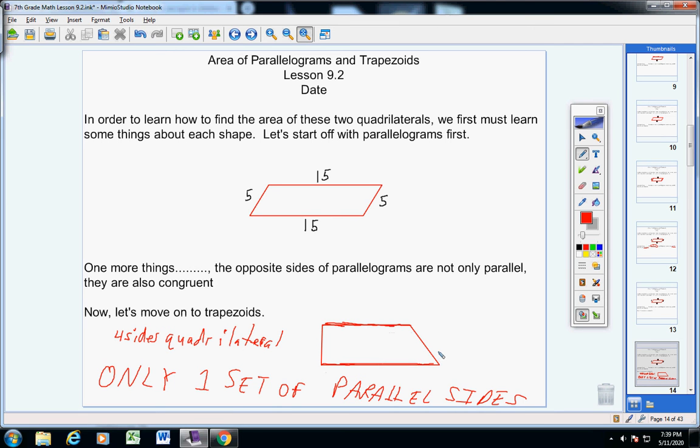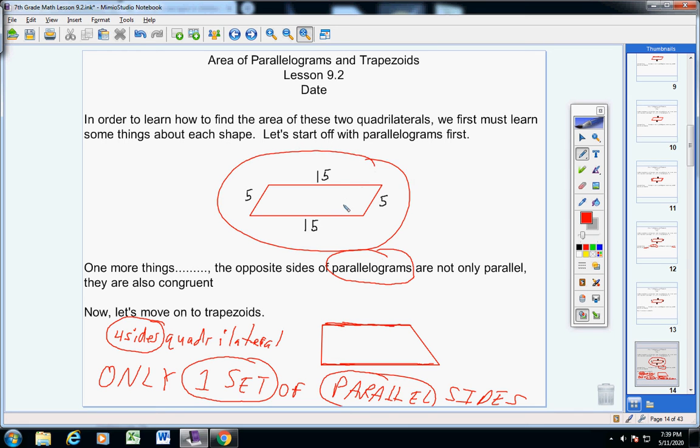So in order to have a trapezoid, you must have how many sides? 4 sides, but only one set of sides can be parallel. Now think about it for a second, guys. If both sets of sides were parallel, then you would have what? You would have a parallelogram just like this figure right here. So trapezoid, 4 sides, only one set of parallel sides.